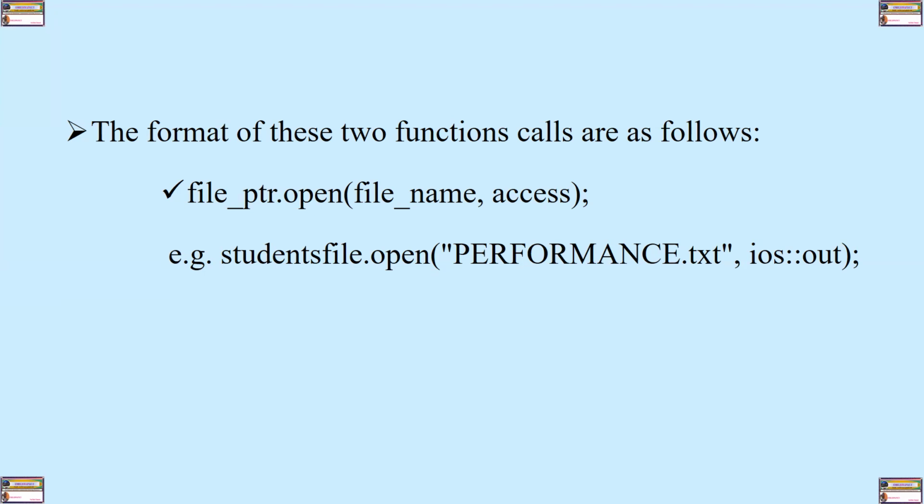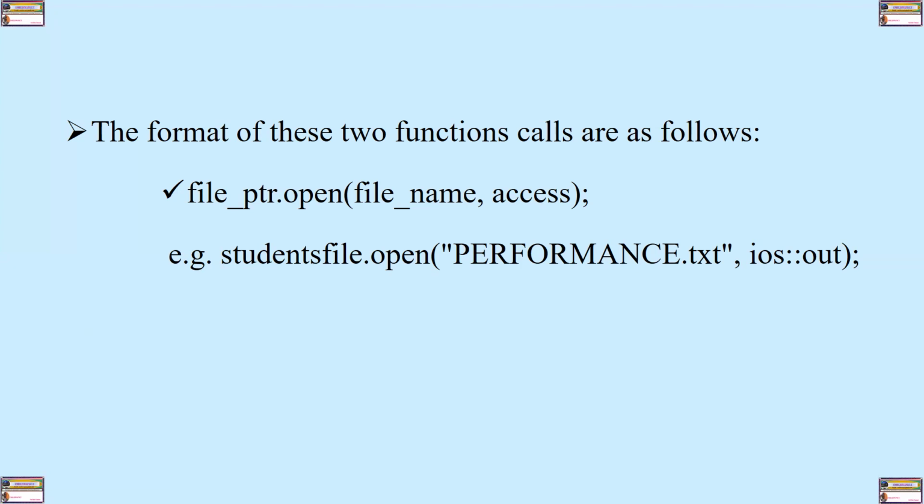So you have the file pointer, in this case studentsFile, then a dot followed by open, and then the opening parenthesis, and you write out the name of the file that you want to open. Remember, this name should be complete, meaning you must also include the file's extension. If it is a text file, include .txt.